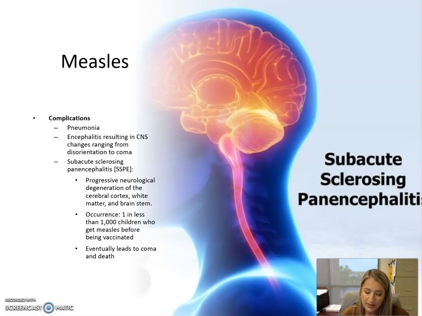The measles virus is also able to get into the nervous system and lead to inflammation in the brain, which is a condition that we know as encephalitis.